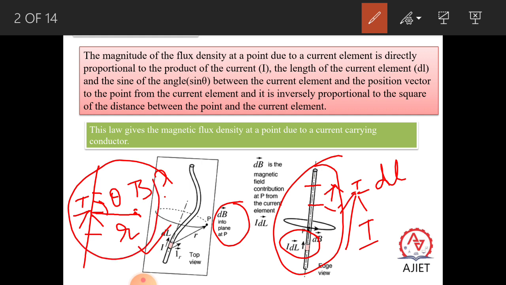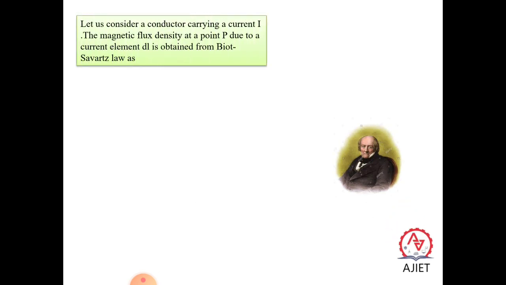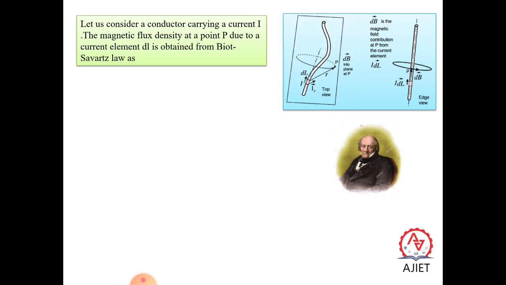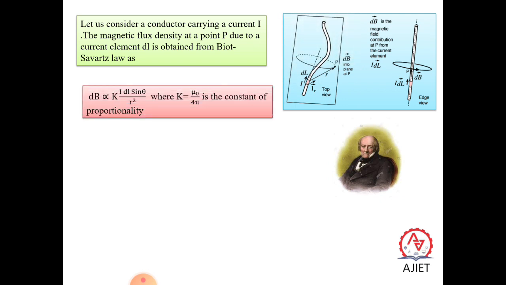So now let us see what is next. Let us consider a current conductor I. The magnetic flux density at a point P due to the current element dl is obtained from the Biot-Savart's law as dB equals k I dl sine theta by r square.